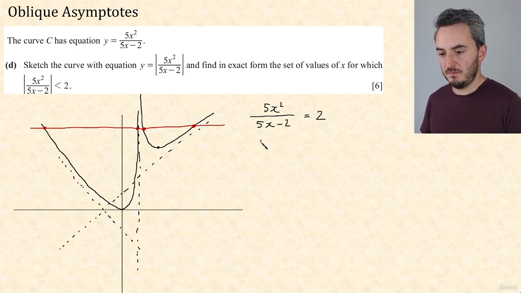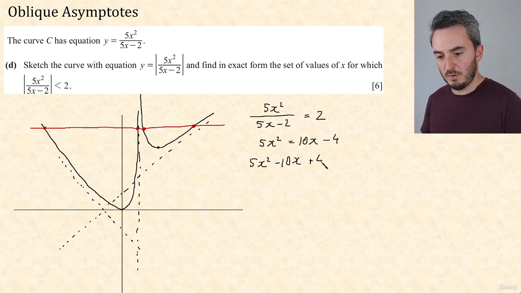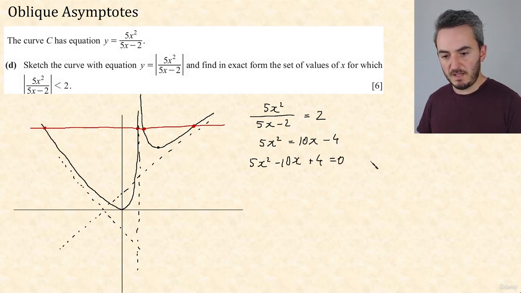That's quite easy to solve. 5x squared equals 10x minus 4, giving me 5x squared minus 10x plus 4 equals 0. And that gives me critical values of 1 plus or minus root 5 over 5.